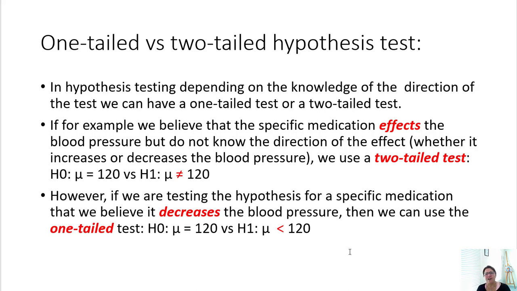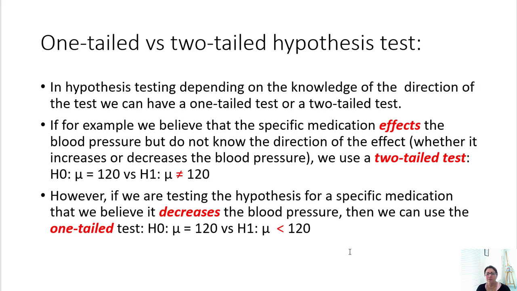A lot of you guys, when you finish this course, you should know what it means. In hypothesis testing, depending on the knowledge of the direction of the test, we can have a one-tailed test or two-tailed test.